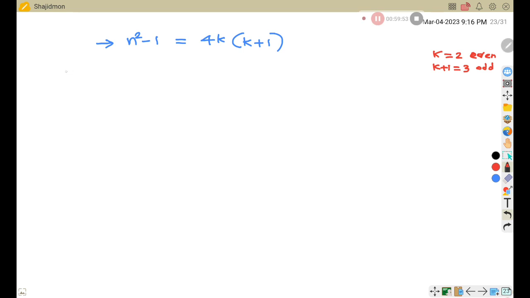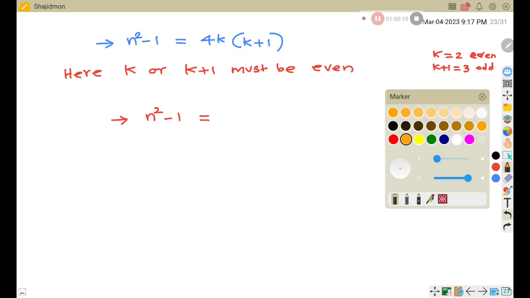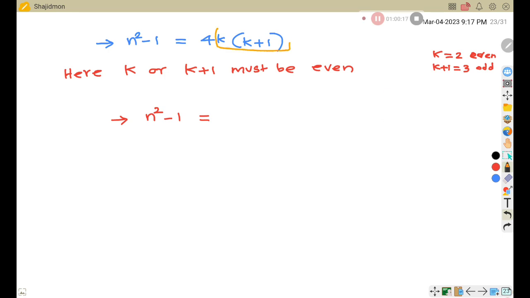So what happened here? Here k or k plus 1, one of these numbers must be what type of number? Must be even number, correct. That means n square minus 1 equals this k multiply (k plus 1). What happened? k or k plus 1 must be even means k multiply (k plus 1) will be an even number, correct.